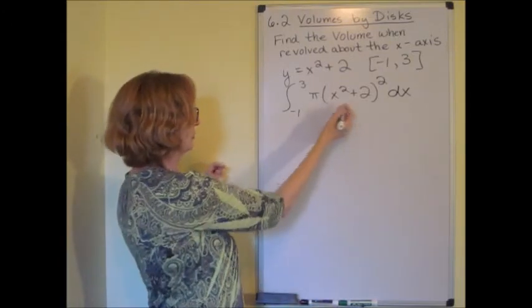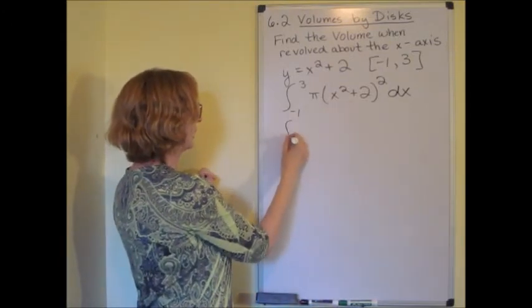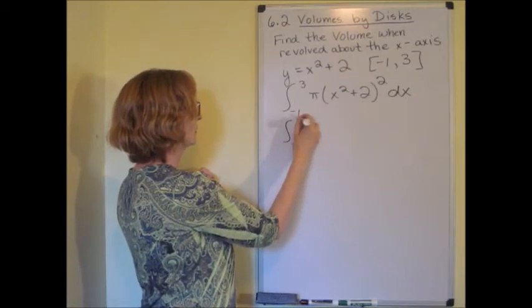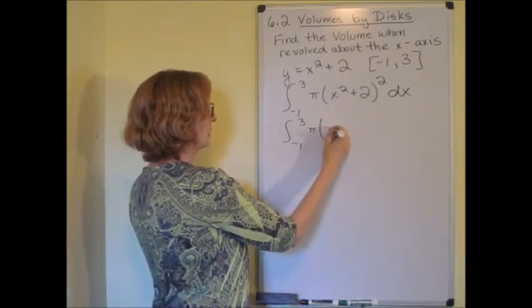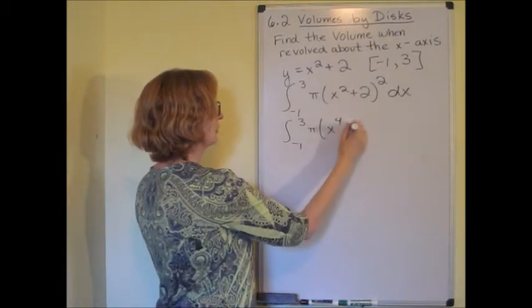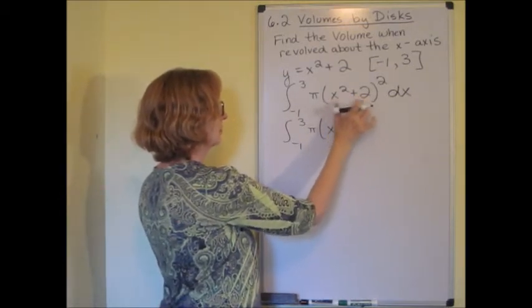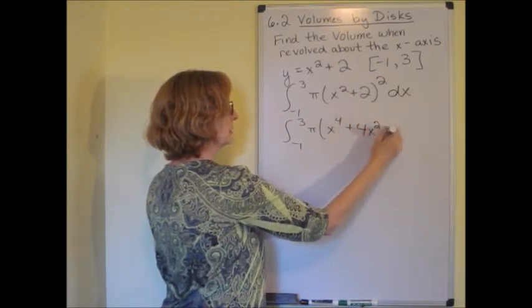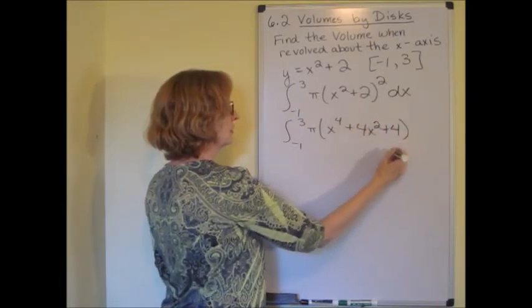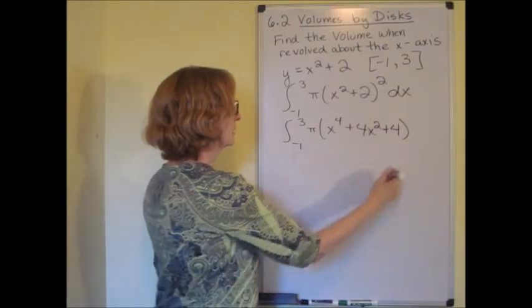We have to use FOIL to multiply that out. So that's going to be x to the 4th plus 2x squared plus another 2x squared is 4x squared plus 4 dx.